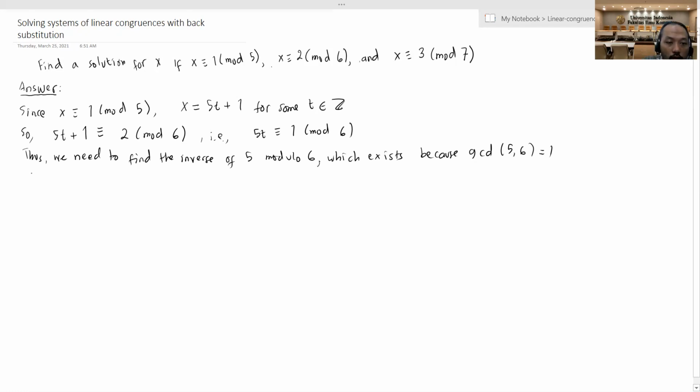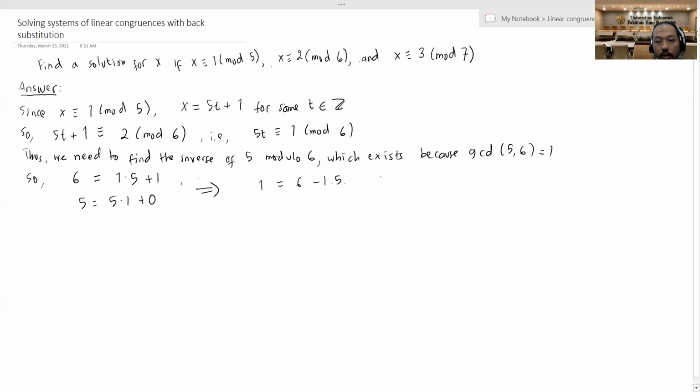So we know that, for example, 6 is equal to 1 times 5 plus 1, and of course we know that 5 is 5 times 1 plus 0. Hence, we know that 1 is equal to 6 minus 1 times 5.